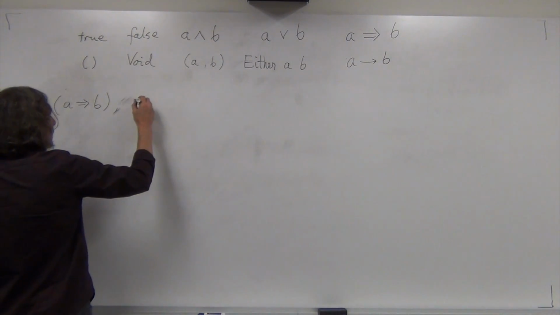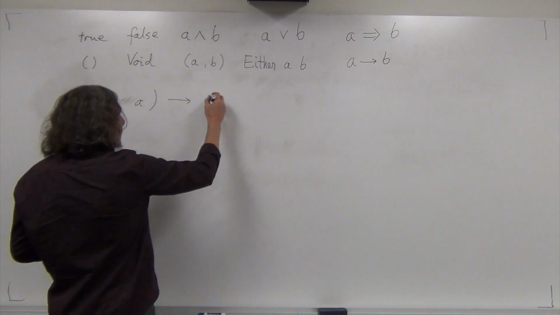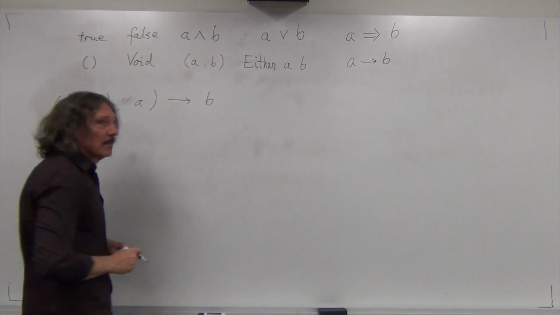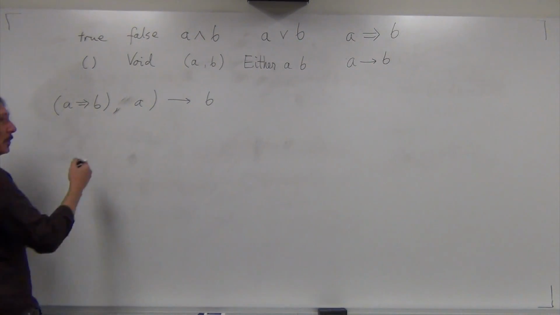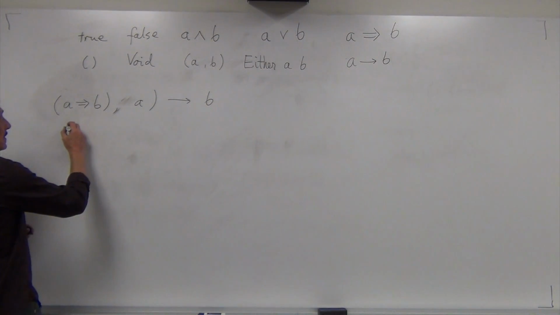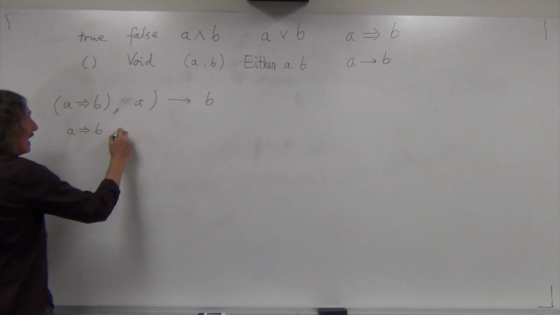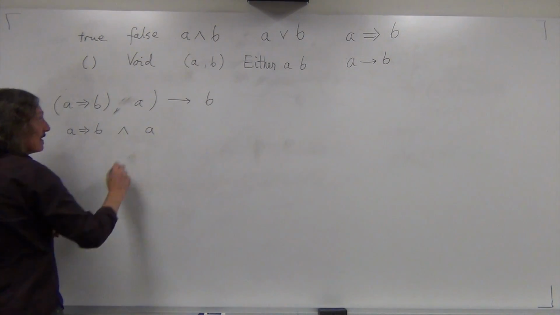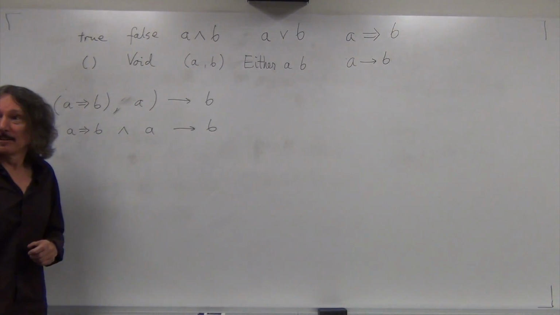So you pair it with an element of A, right? Then you get an element of B, right? So that corresponds to what in logic is called modus ponens. If you know that B follows from A, and you know that A is true, then you can prove B, okay?